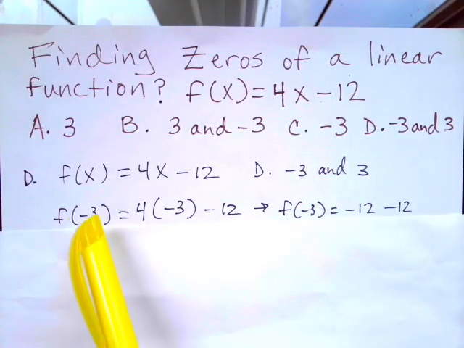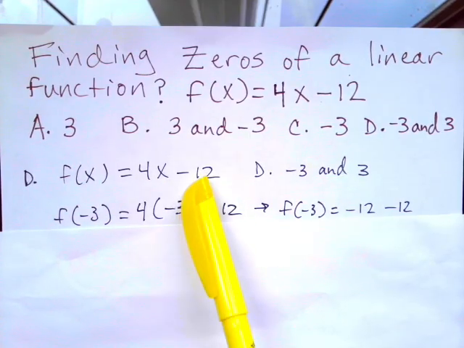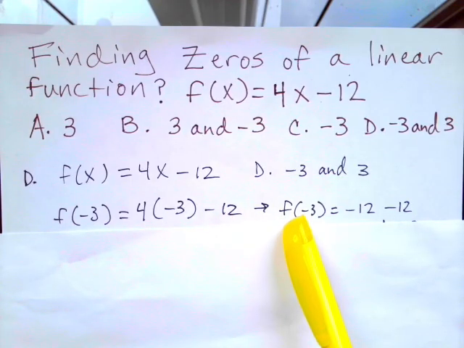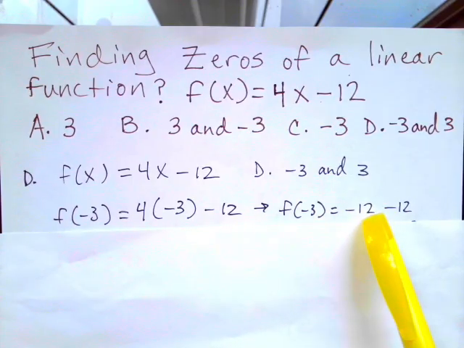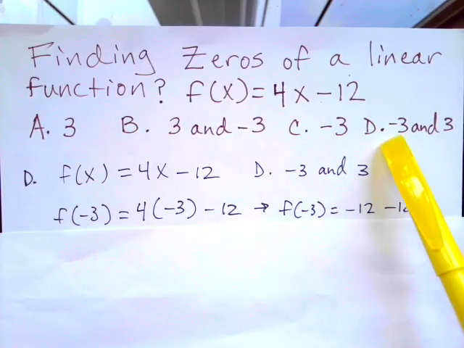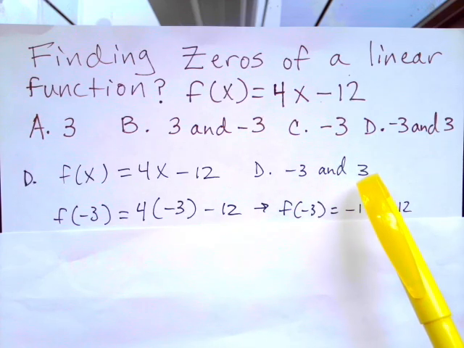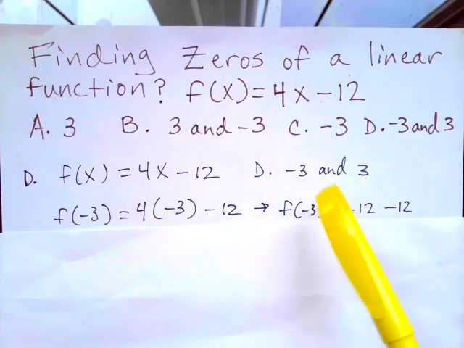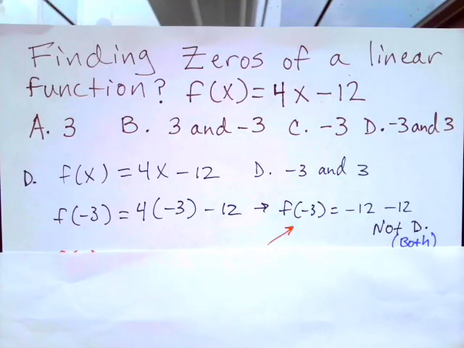F of negative 3 is 4 times negative 3 minus 12. F of negative 3 equals negative 12 plus a negative 12. F of negative 3 does not equal 0. Is this a zero of the function? No, it's not a 0. So negative 3 is not an option, so I don't even have to try the positive 3. Remember, it's got to be both options in order to be a correct answer. So nope, not D. You need both.